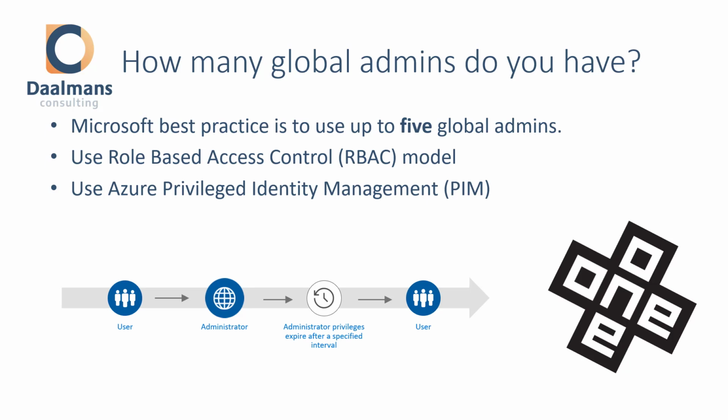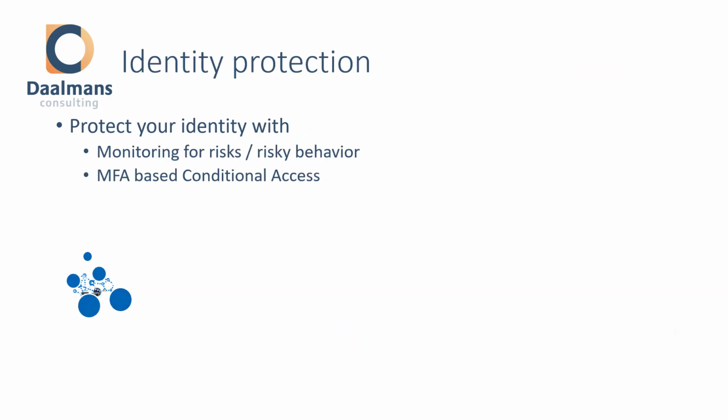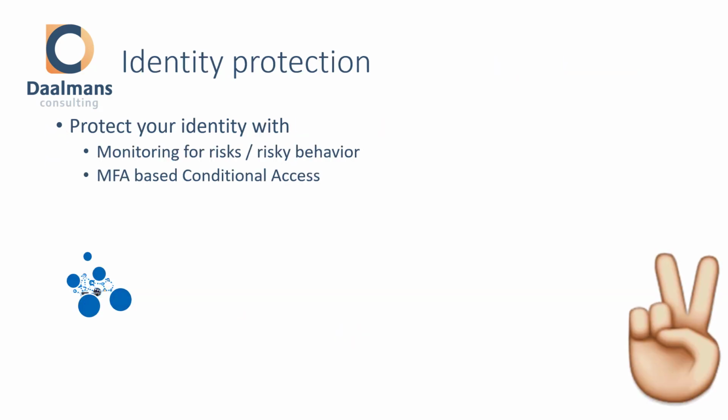Because remember, if you have a lot of privileged users, those users are a target for malicious people. Those users can be breached at some point of time if you don't use, for instance, identity protection or MFA. So with identity protection, which is also part of Azure AD, you can monitor for risks and risky behavior.